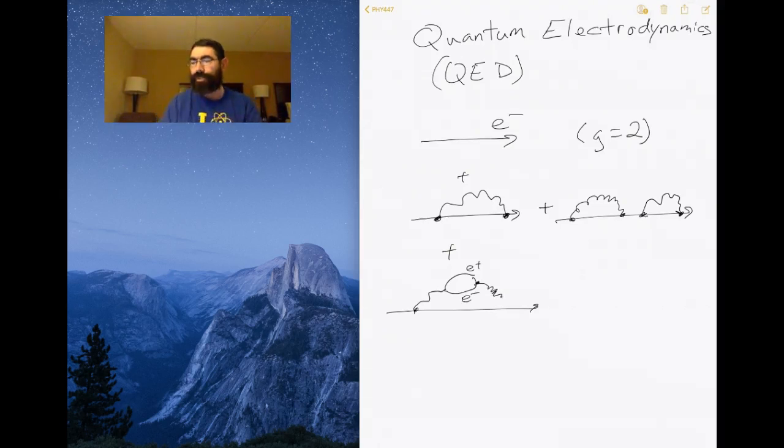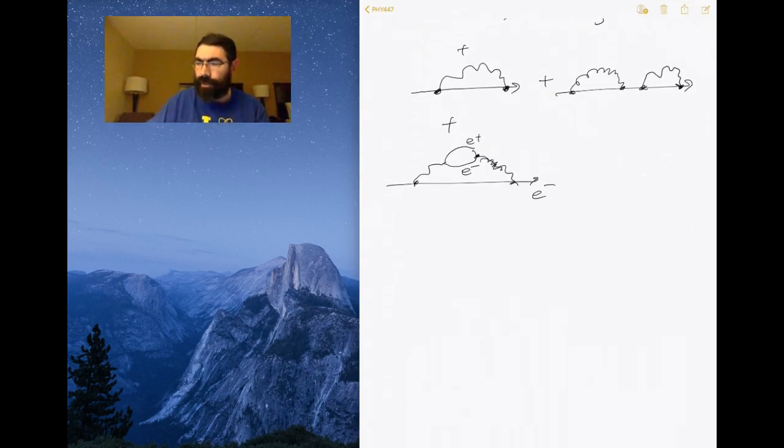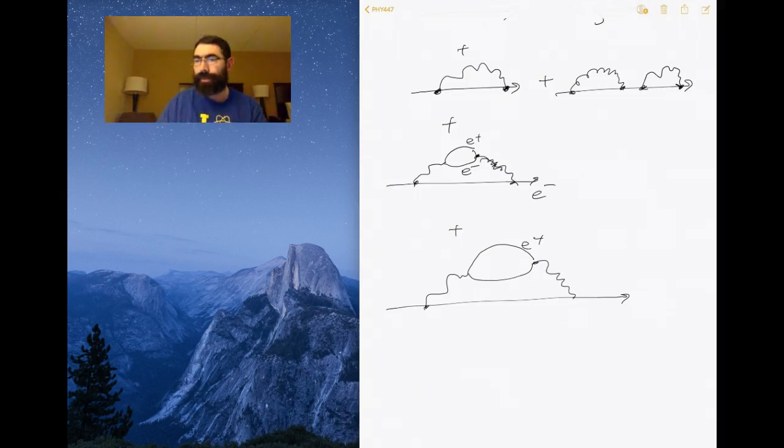So electron-positron are created, which then annihilate back into a photon, which then leaves us with the electron. And then you can come up with even more of these cases where a photon's emitted, becomes an electron-positron pair, annihilates into a photon, but in the process another photon gets created, which leaves the positron and goes to the electron. So you have all these virtual particles, this cloud of particles being created from the energy in the vacuum and then basically annihilating back into pure energy again.